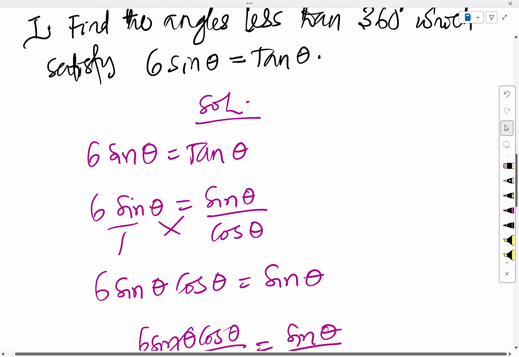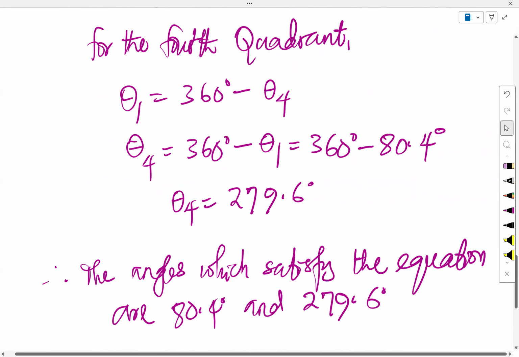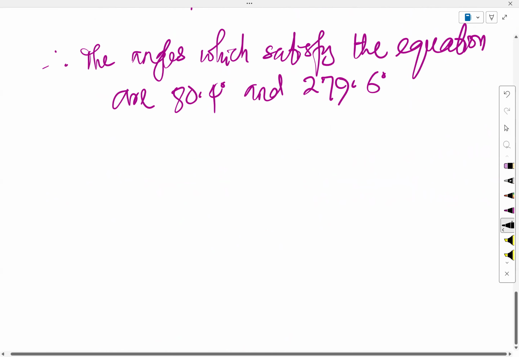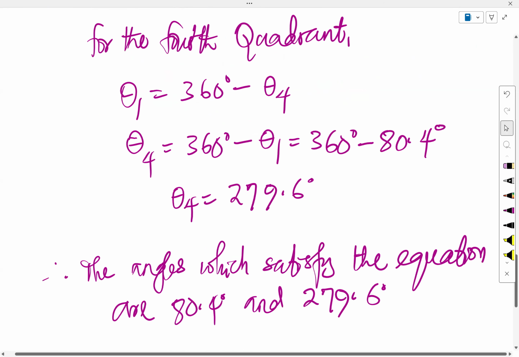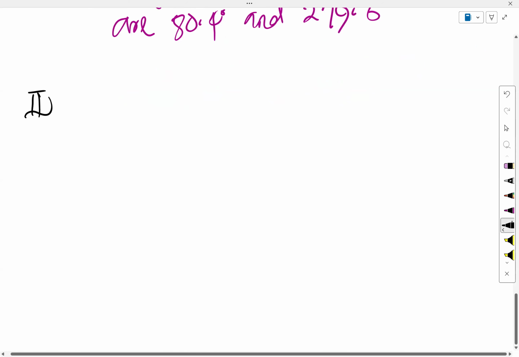Okay, so let's go to example 2 now. How did I write that? Roman representation 2.